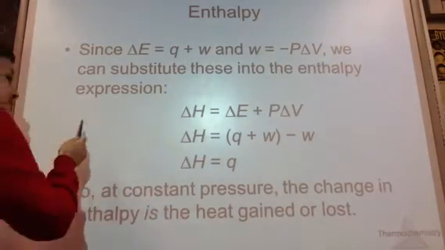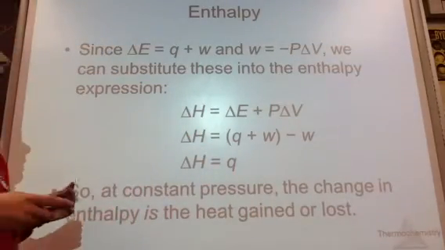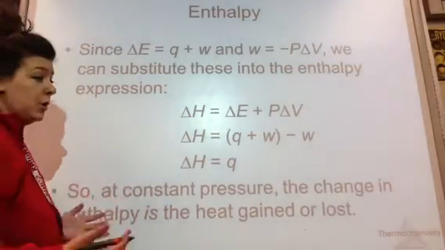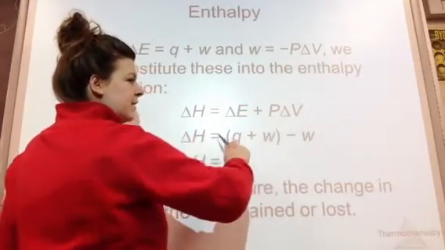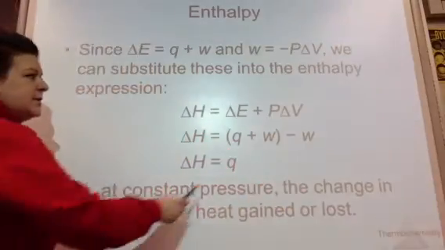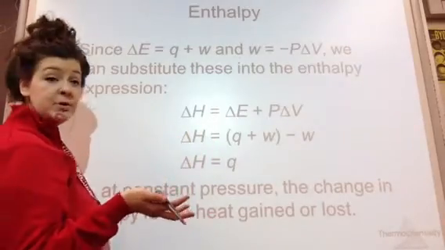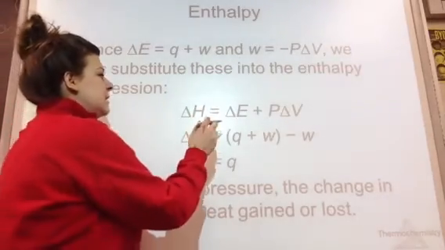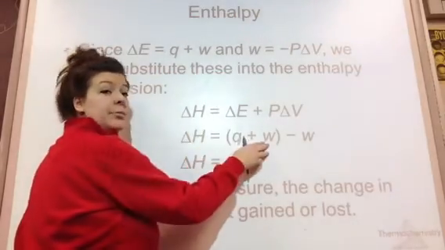Remember, we knew that our pressure-volume work is just equivalent to work. So work equals a negative P delta V. So if this is positive, then that work will be negative here. I know from the first law of thermodynamics that the change in internal energy is equal to heat plus work.